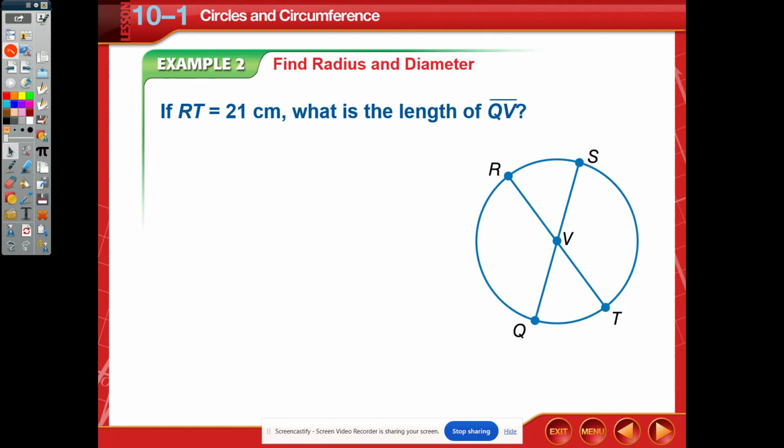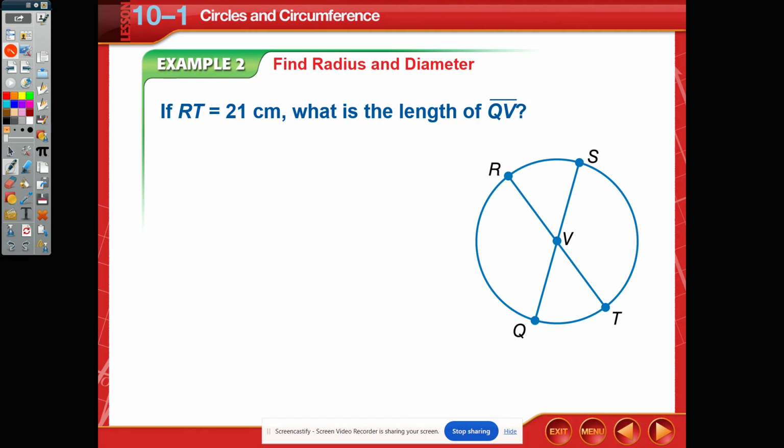So let's do some really tough questions on finding radius and diameter. RT is a diameter. If you look at the picture, it asks what's the length of QV. Although QV is not the diameter that they gave me, it is a radius, and all radii of a circle are congruent to each other.